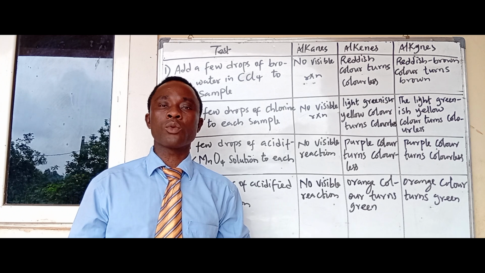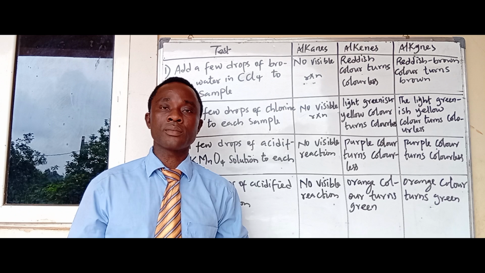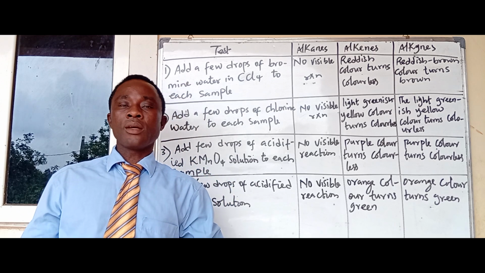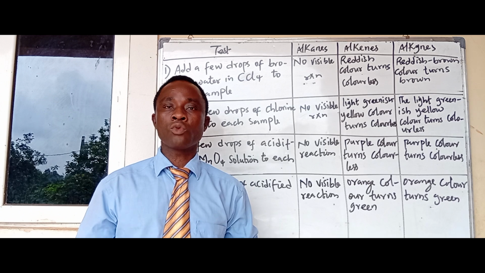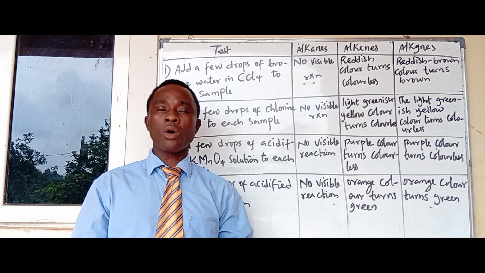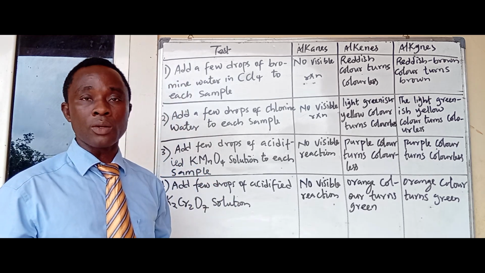Now, another compound we can use is chlorine water, that is aqueous chlorine. Unsaturated compounds decolorize chlorine water to colorless. The color of chlorine water is light greenish yellow.